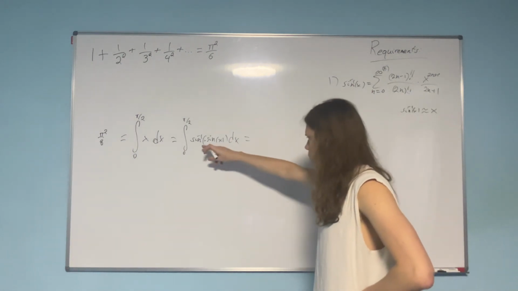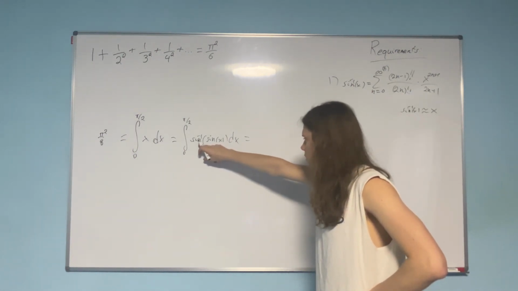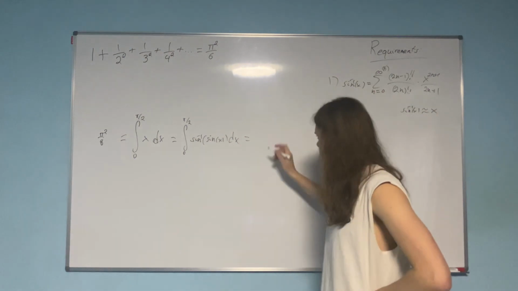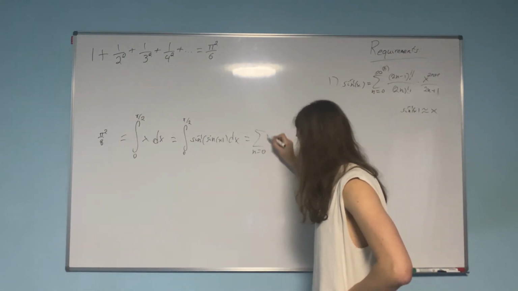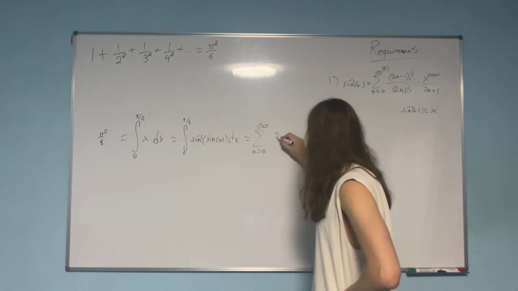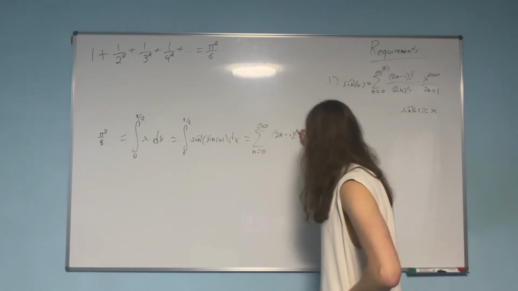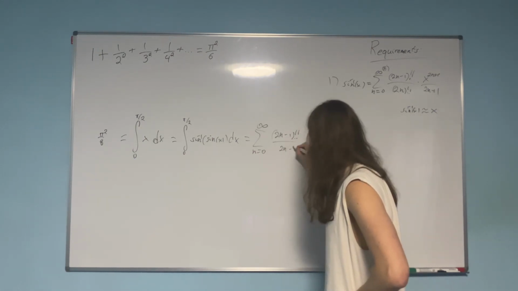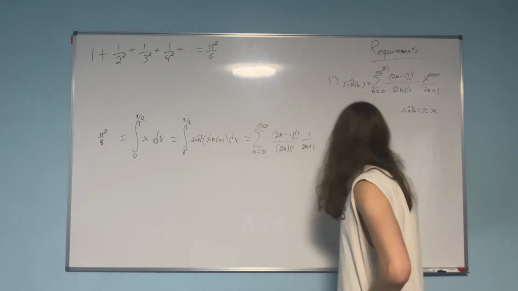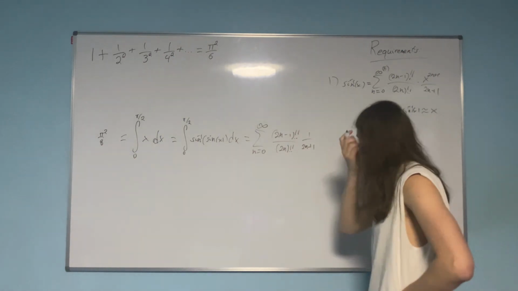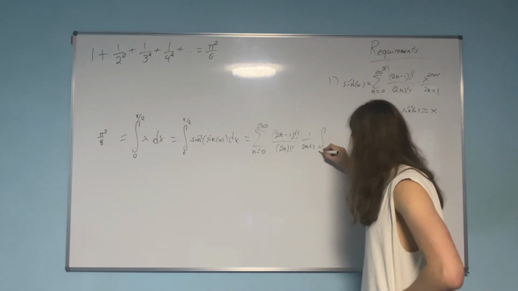So just replacing sine inverse here with the power series, and integrating term by term. Just taking out everything that doesn't have x outside the integral.